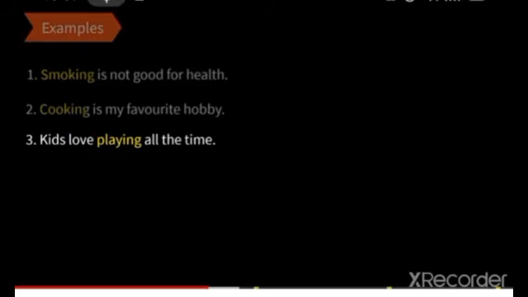And what does kids love? Kids love playing. Here, playing, which is ing form of verb, answers the question what? That is an object. Here, gerund is working as an object, which is the second function of gerund.